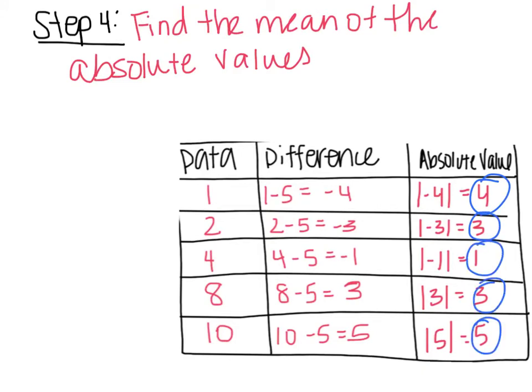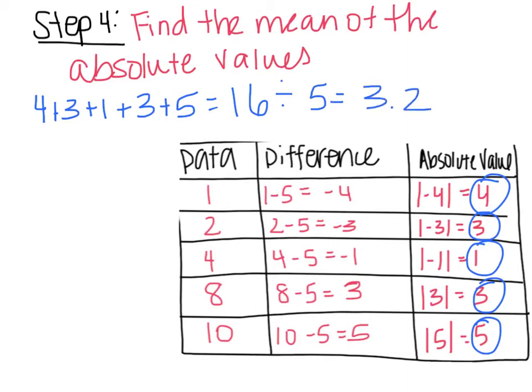So we want to add those together. 4 plus 3 plus 1 plus 3 plus 5, and that is going to give us 16. And we're going to divide that by 1, 2, 3, 4, 5. And that is going to give us 3.2. So our mean absolute deviation for the data set 1, 2, 4, 8, and 10 is 3.2.